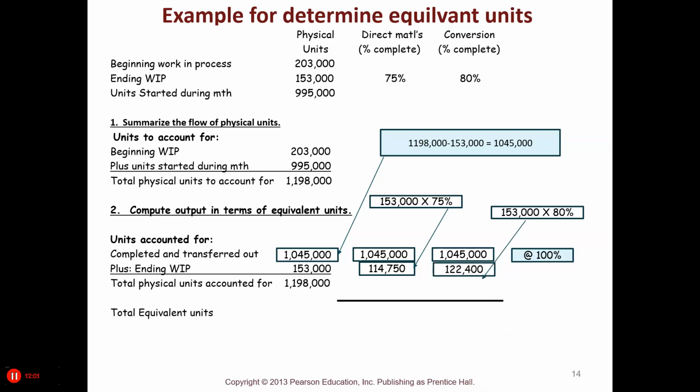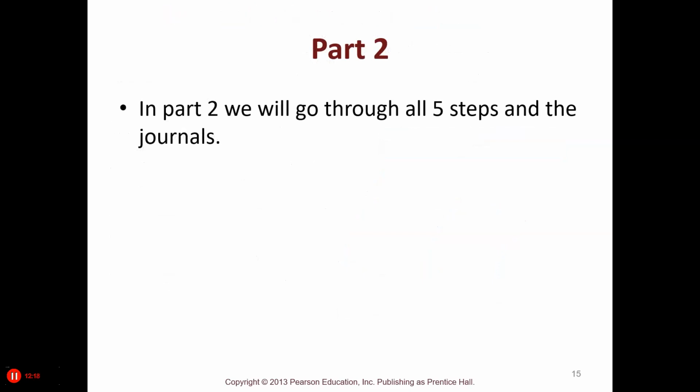Now, to get our total equivalent units, we're just going to add those two together, and that tells us the equivalent units that we're going to use to determine cost per equivalent unit, which we cover in part 2. So in part 2, we're going to go through all 5 steps and the journal entries, similar to your homework.